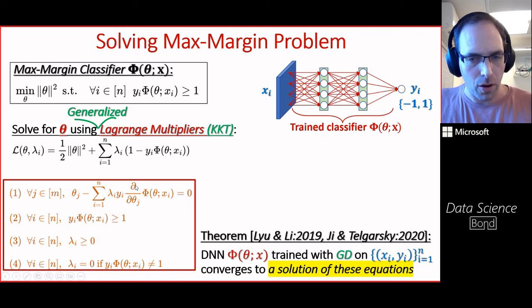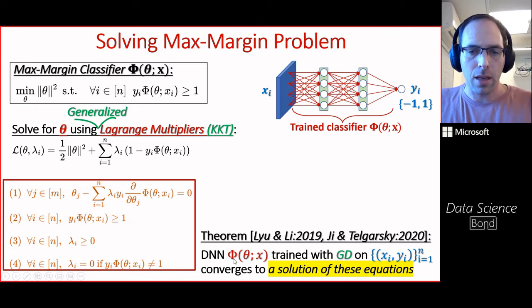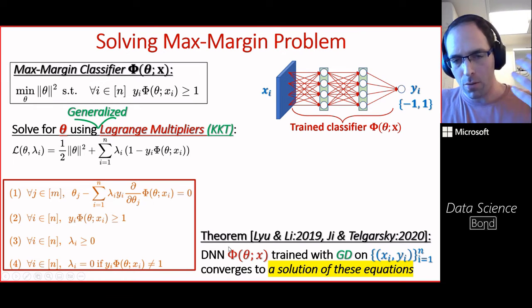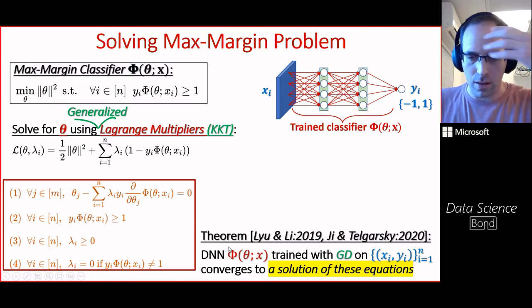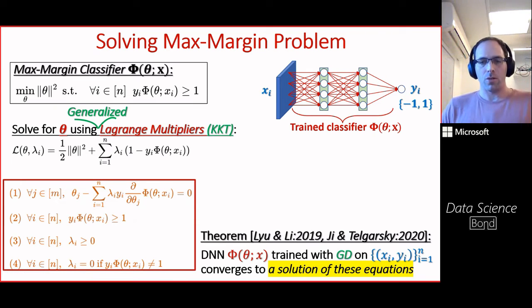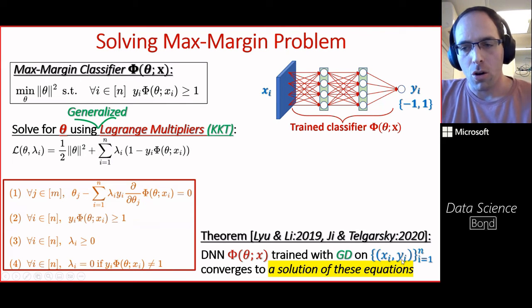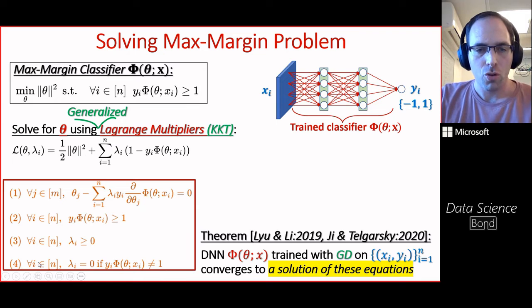Now, back to the theorem that I told you about before. The theorem says that any deep neural network, with some assumptions, of course, but in general it would work for a very large set of neural networks, trained with gradient descent on this dataset will converge to a solution of this.